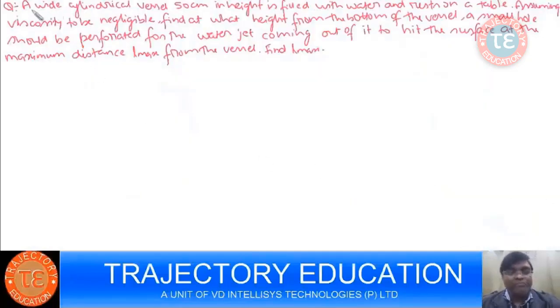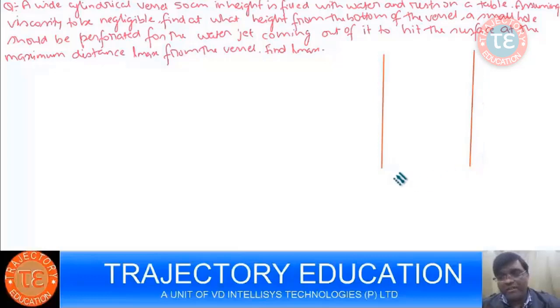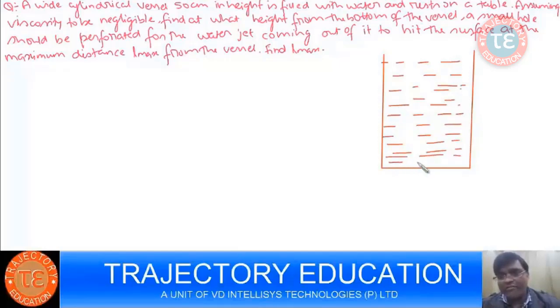Let's see this question. A wide cylindrical vessel 50 centimeter in height is filled with water and rests on the table. We have a cylindrical vessel, something like this, filled with water, and it rests on the table.